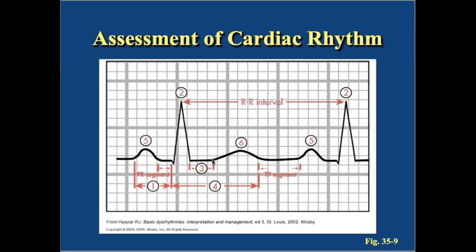And if you have elevation or depression in this ST segment, it can be caused by ischemia, injury, or infarction. You need to know the ST segment and what the different elevations or depressions mean. So make sure you study that in the book, because this ST segment should be even with what we call the isoelectric line. It shouldn't be up, it shouldn't be down.